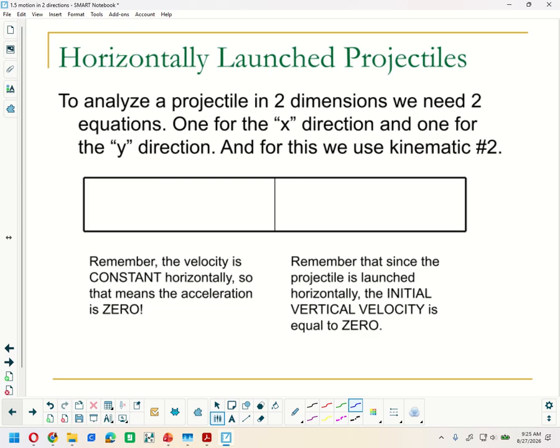All right, horizontally launched projectiles. So we're going to make a formula out of this. To analyze a projectile in 2 dimensions, we need 2 equations. One for the x direction and one for the y direction. And for this, we use kinematic number 2, which is going to be my delta x is equal to my initial velocity times time, plus 1/2 gt squared.